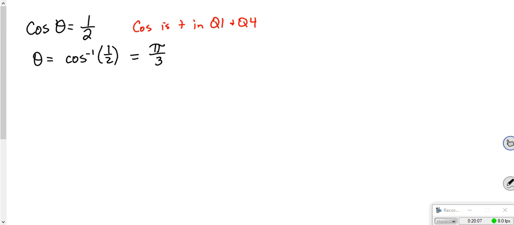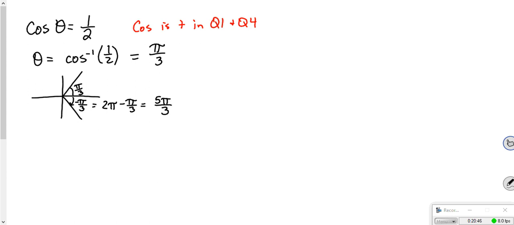However, if we're looking at my unit circle, here's my pi over 3. But this is also like a negative pi over 3, which would actually be 2 pi minus pi over 3, which is the same thing as going all the way around your circle: 5 pi over 3.